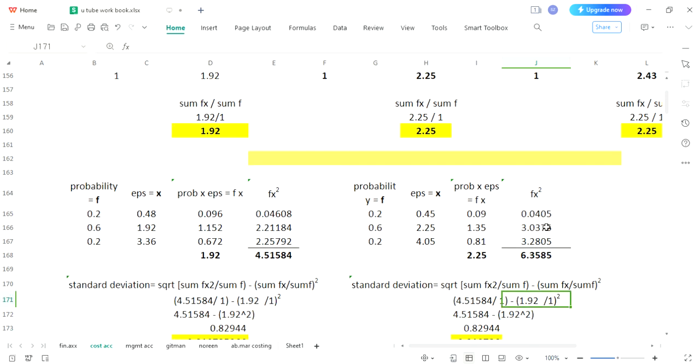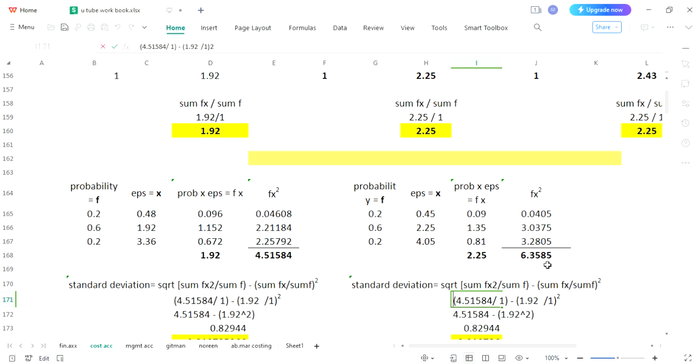Okay, come over here and we need to change it. Since this square is a little time-consuming, instead of that we will directly put in our amounts. First, the sum of Fx square is needed.